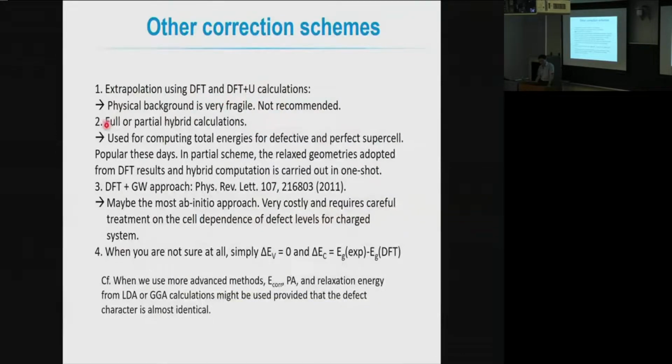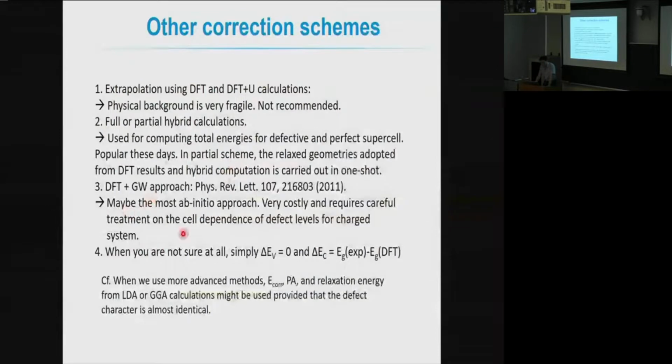Okay, but these days, once hybrid calculations are implemented in VASP, many people are using this method to correct the band gap, or they calculate everything within hybrid functional calculations. That is possible these days, and so this is one of the favored methods recently.